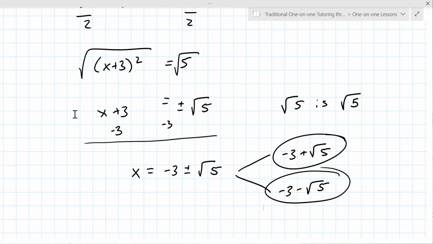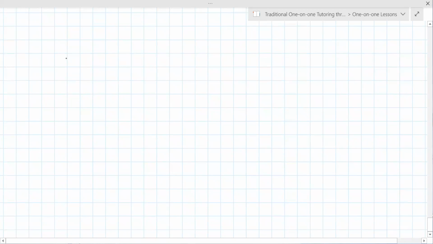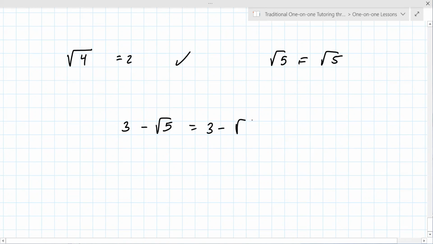All right, sweet. We had a really good discussion there. This is where you've got to be like, okay, the square root of 4 is 2, that's great, but the square root of 5 equals the square root of 5. You've got to train yourself to be okay that it is the square root of 5. So if the answer is 3 minus the square root of 5, that means it's 3 minus the square root of 5.